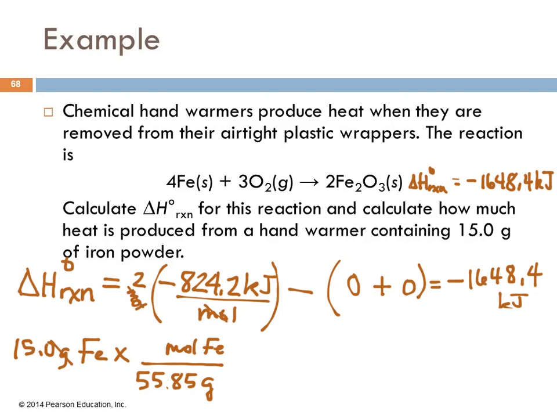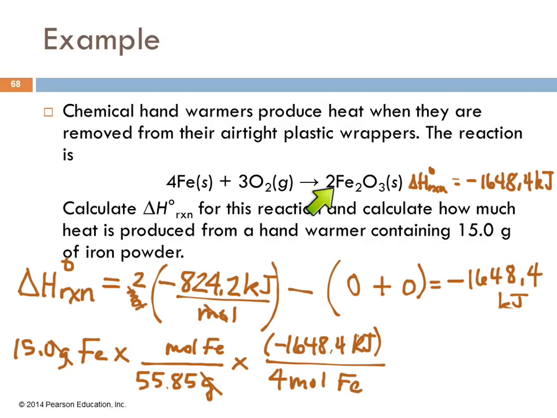The grams cancel out. And then we know that there's minus 1648.4 kilojoules per 4 moles of iron.